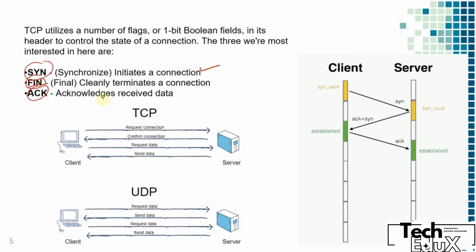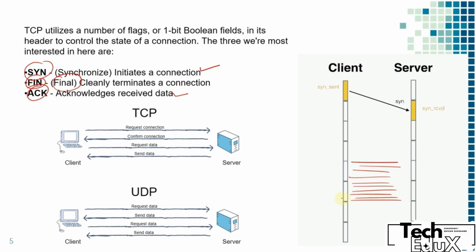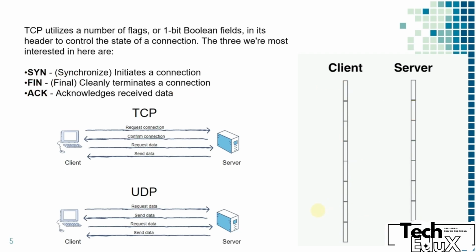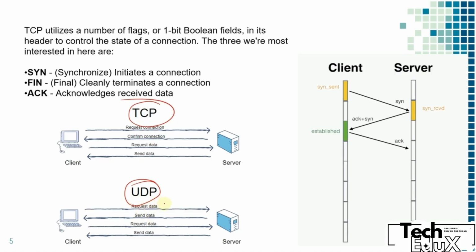As you can see, the connection has been established, and in the end you can see the final acknowledgement sent back to the server, saying that if you agree to talk with me, I also agree to talk with you. So the connection has been established. Once the connection has been established, from there onward the data will be transferred from the server to the client.